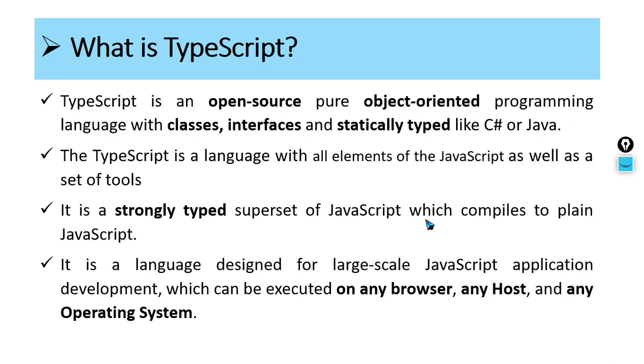Strongly typed means that at the time of compilation you should know the data type of a particular variable, so you have to store the proper data in the variable. Runtime casting or auto casting has limitations in TypeScript, so you have to store the data in a proper variable with the proper data type. It is a language designed for large-scale JavaScript application development, which can be executed on any browser, any host, or any operating system.